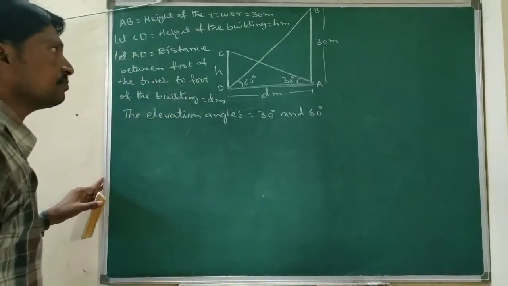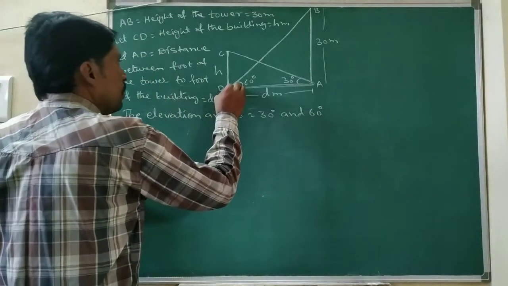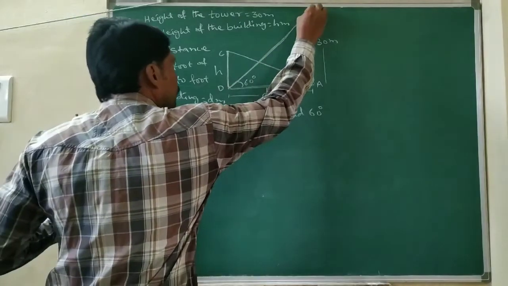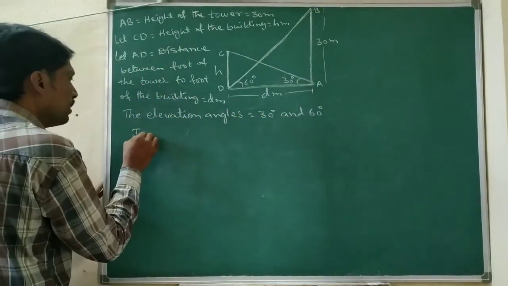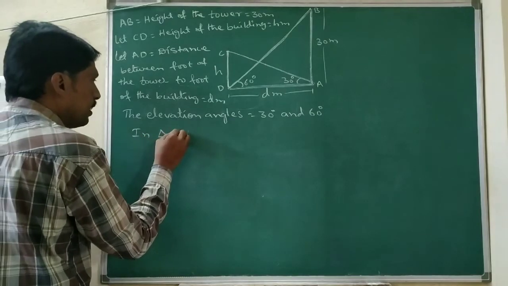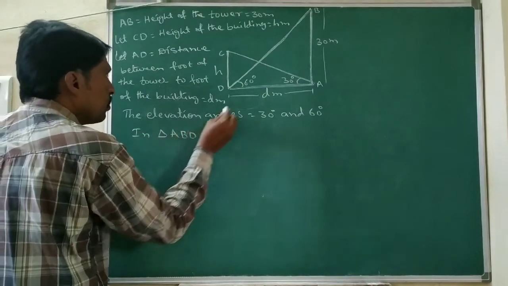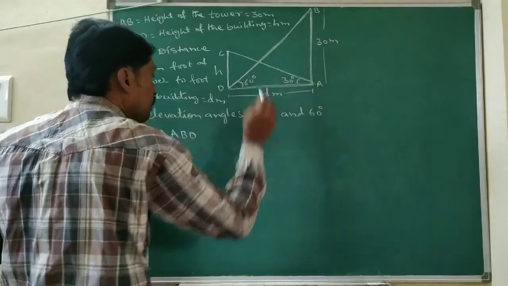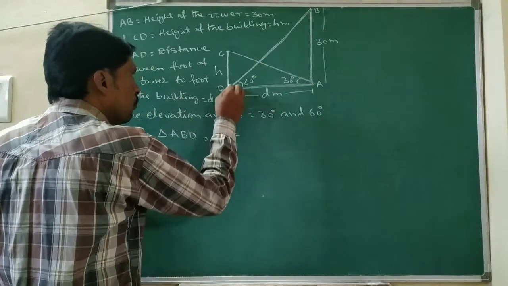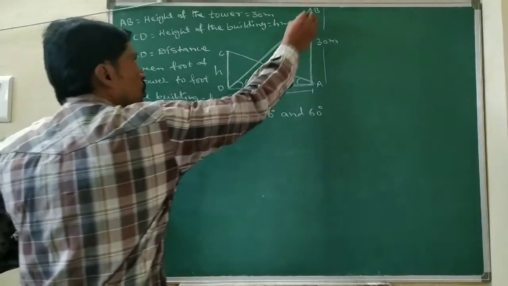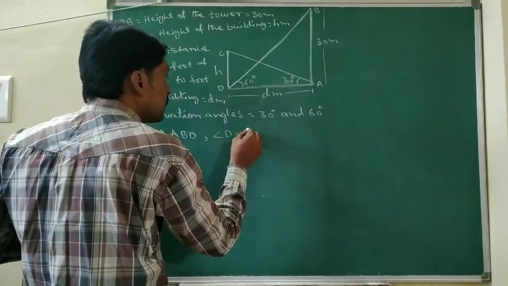Now I am taking this triangle. In triangle ABD, this whole triangle, the tower one I am taking. Angle D means from the foot of the building to the top of the tower it is making 60 degrees.